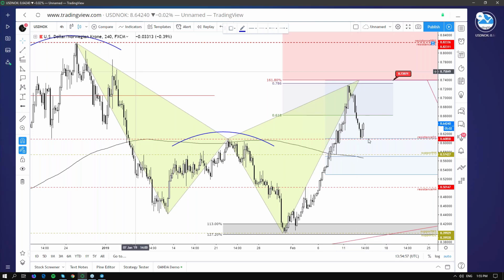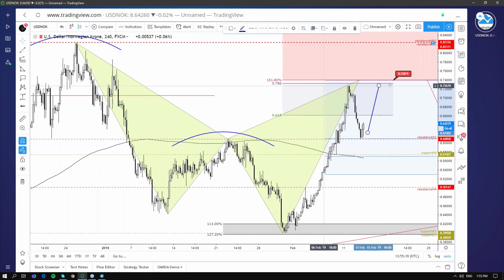I will not be surprised to see dollar versus NOK printing new highs and eventually retesting the weekly and the monthly resistance above. But at the same time, obviously, we need to violate the structure first in order to increase those probabilities. So now we have resistance at 8.72.